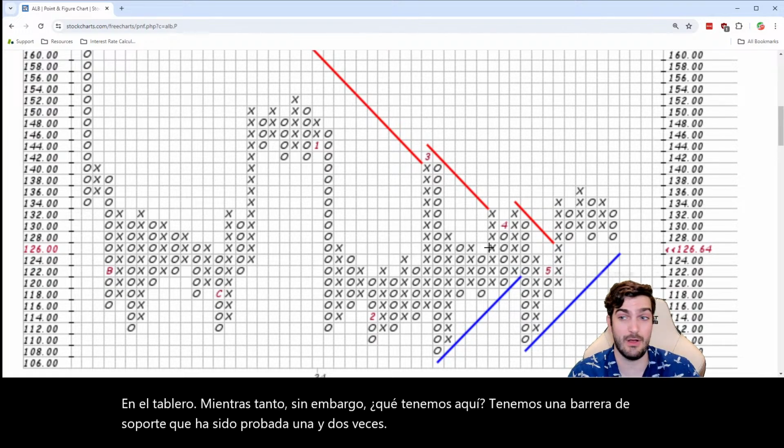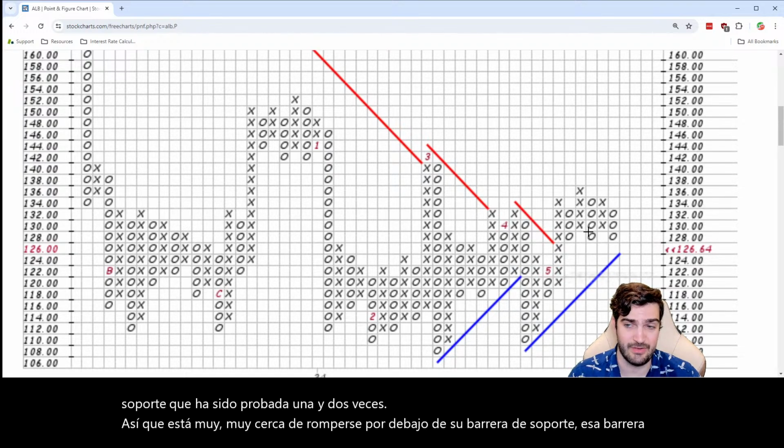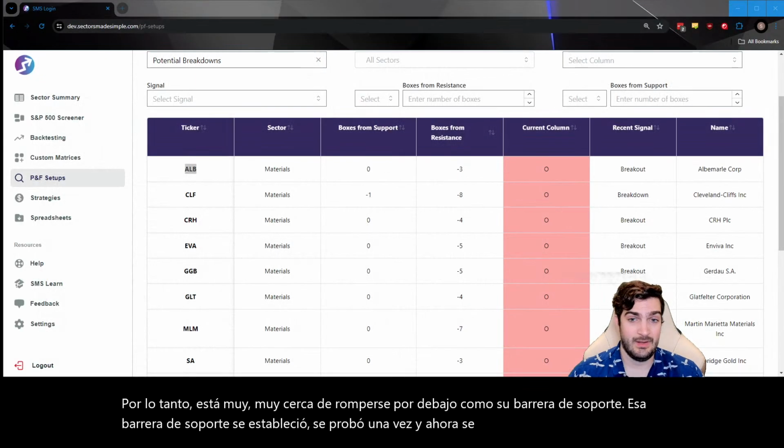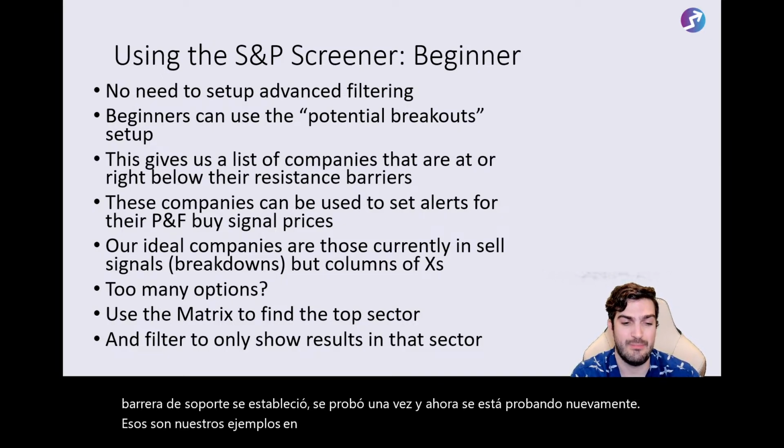So it is very, very close to breaking down below its support barrier. That support barrier was established, tested once, and is now being tested again. So those are our examples where we are looking at potential breakouts or breakdowns.